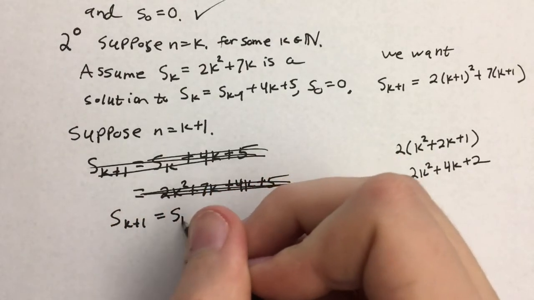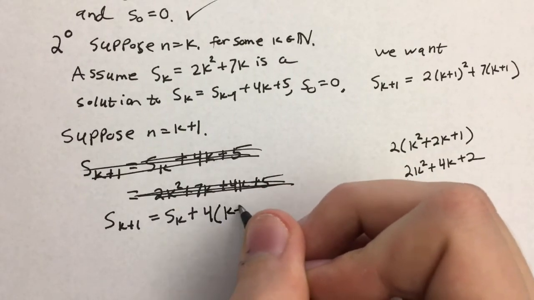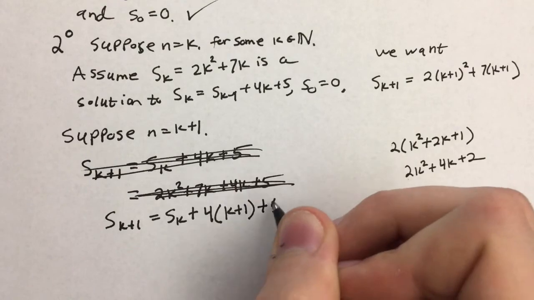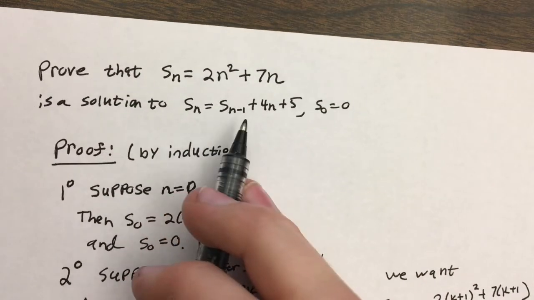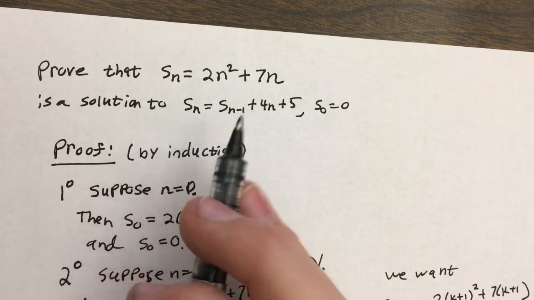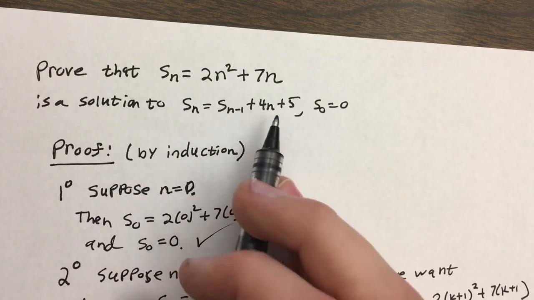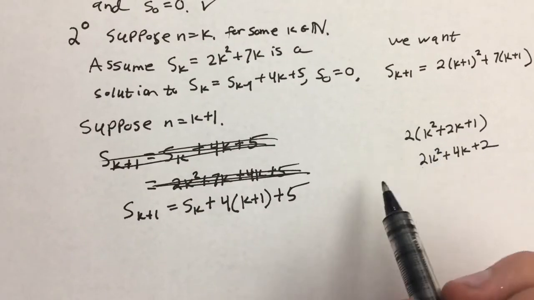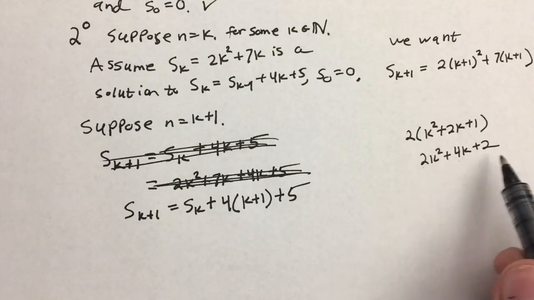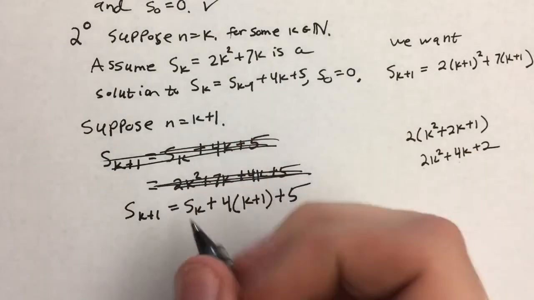This is s sub k plus 4 times k plus 1 plus 5, right? Because we're taking this equation up here and we're putting k plus 1's in. So this is an s sub k plus 1, this is an s sub k, this is a k plus 1. So we still want this piece here, right? So we're gonna substitute s sub k in again.